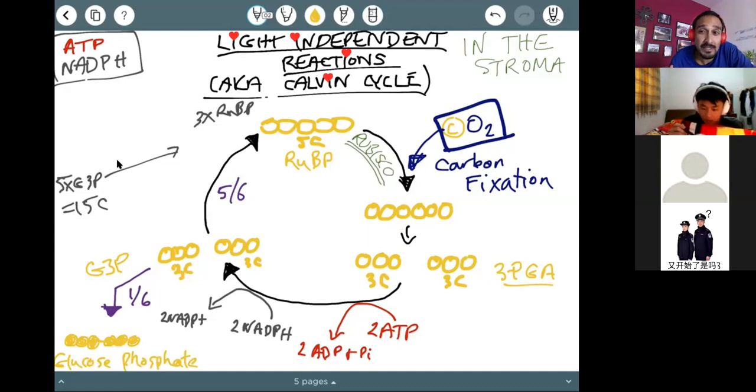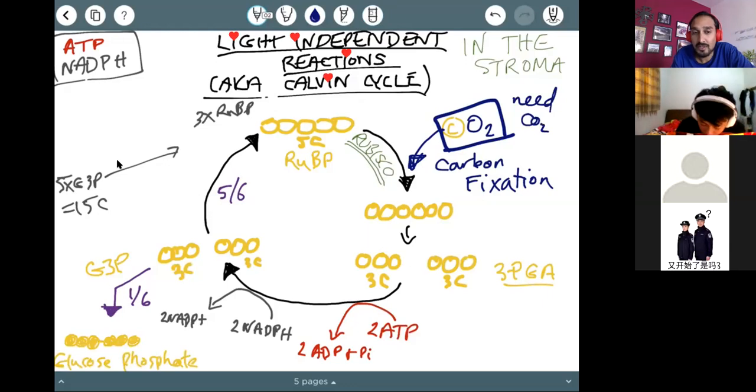And really, every time this turns, you're only adding 1 carbon, right? So to make 1 G3P, you need 3 CO2s, because if you're going to take a carbon off, you need to add one over here.